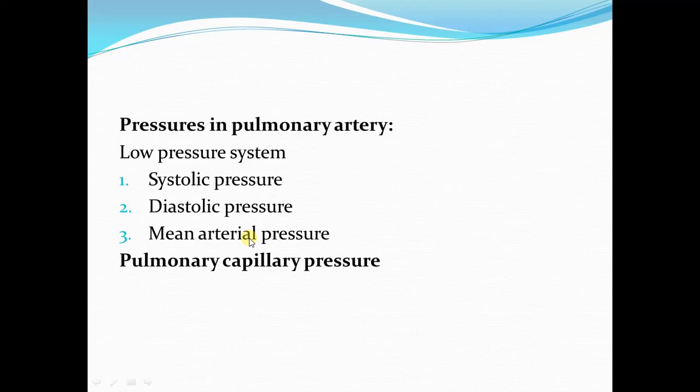In systemic circulation, the systolic blood pressure is 120 millimeter of mercury, while in the pulmonary artery, the systolic blood pressure is only 25 millimeter of mercury, while diastolic blood pressure is only 8 millimeter of mercury as compared to 80 millimeter of mercury in the systemic circulation. And the mean arterial pressure is also low, that is 15 millimeter of mercury. The pulmonary capillary pressure is 7 millimeter of mercury.